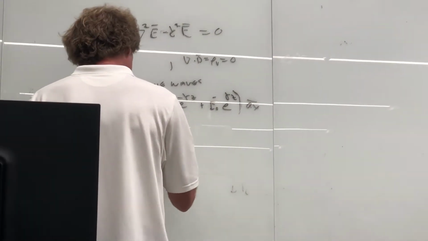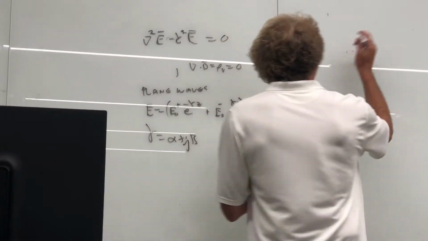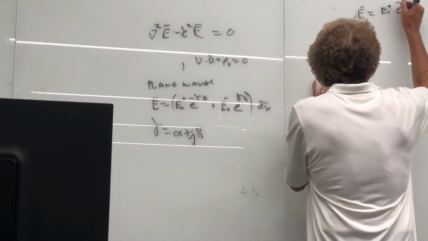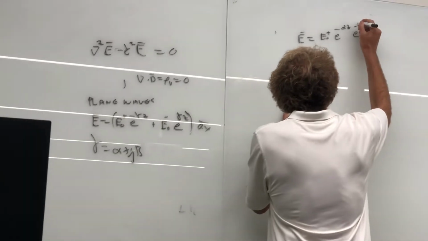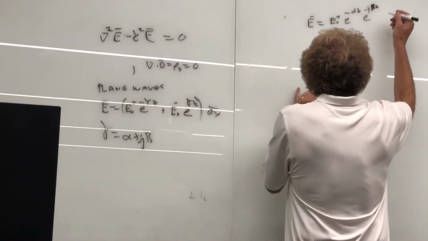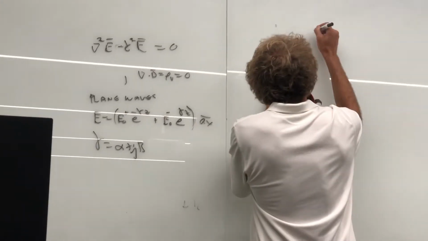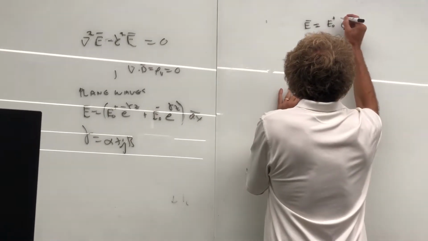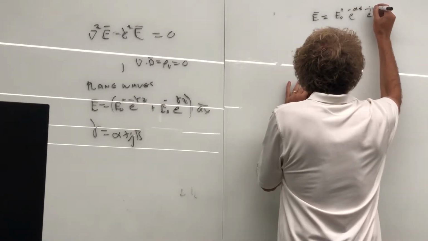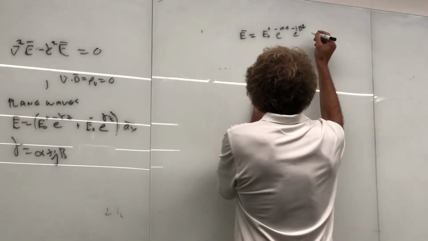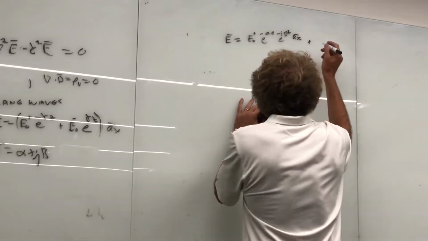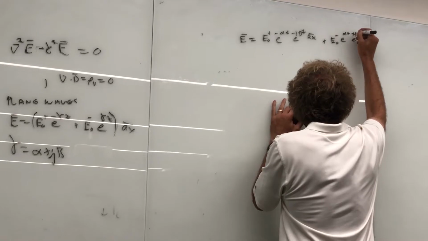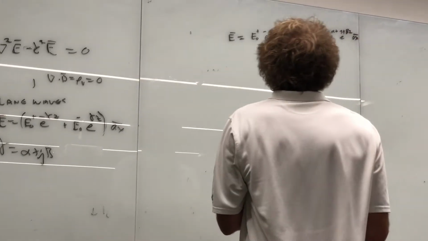Since gamma was equal to alpha plus j beta, we can further state that E is equal to E naught plus times e to the minus alpha Z times e to the minus j beta Z in the a_x direction, plus E naught minus e to the alpha Z times e to the plus j beta Z a_x.